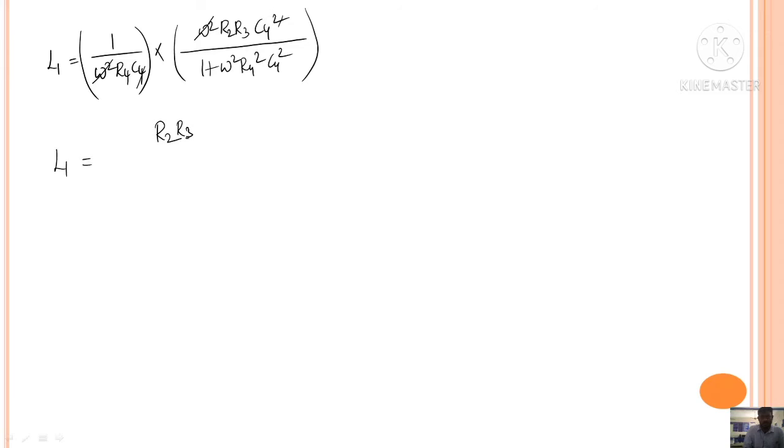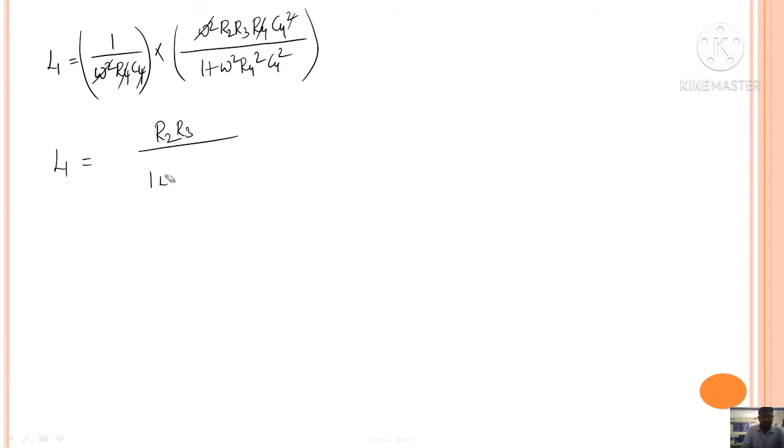R2 R3 by R4 into, okay, so I missed the R4 here again. So R4 into C4 square. So that R4 and R4 also get cancelled. One C4 and another C4 get cancelled.